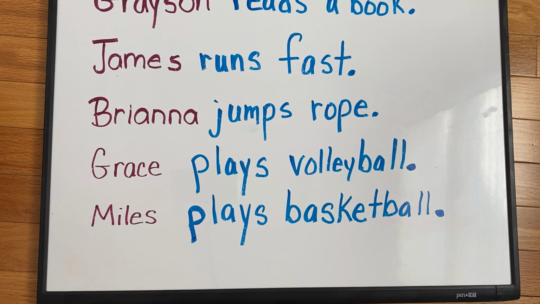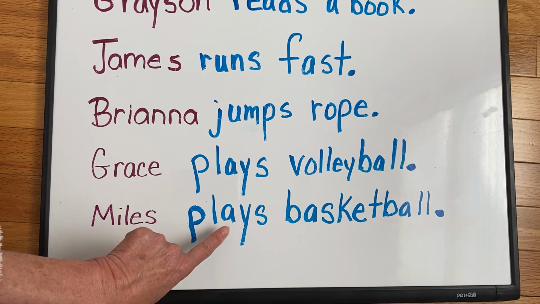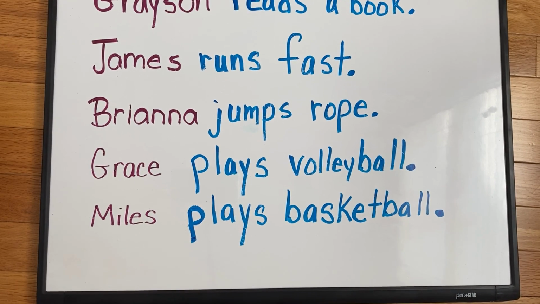So, who plays basketball? Miles. So Miles is the naming part of our sentence. It's who the sentence is about. And what is our sentence telling us? It's telling us that Miles likes to do what? Play basketball.